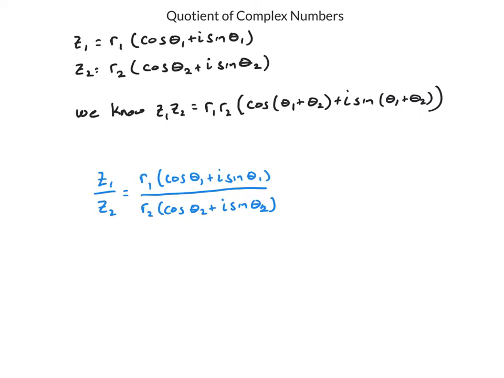I want you to think about what you think the quotient is equal to, but keep in mind that the quotient is the opposite operation. Take a minute, think about what that quotient would be in an expression of a similar form, and then come back and we'll talk about what it actually comes out to be, to see how close you were.